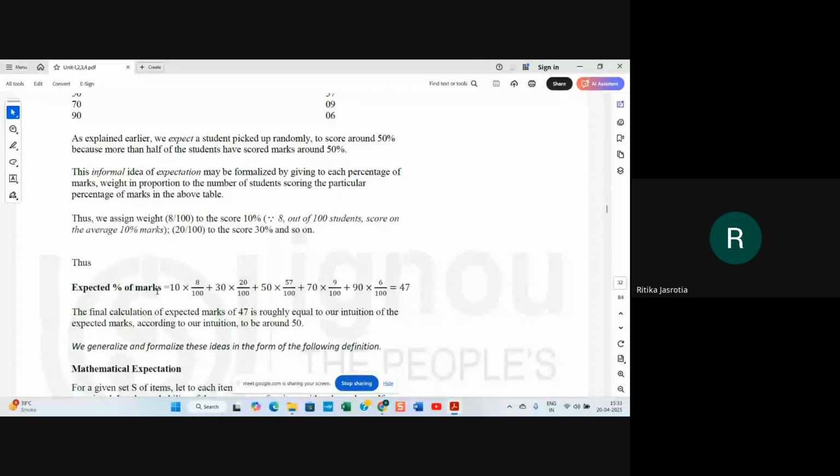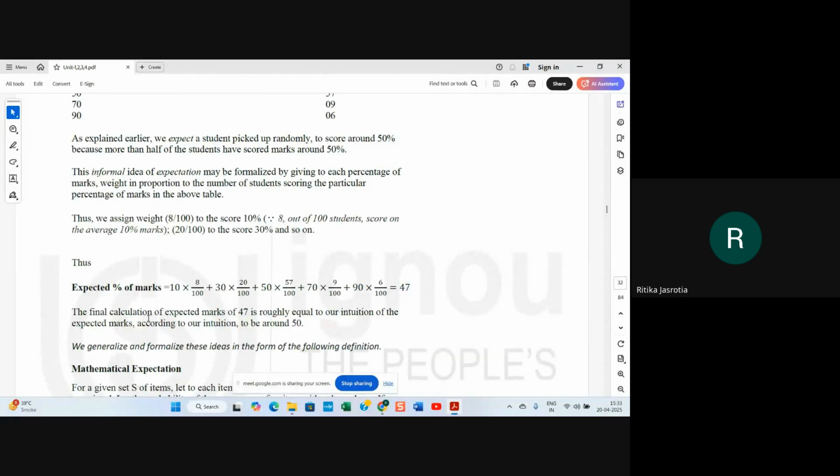So the expected percentage of marks is equal to 10 into 8 by 100, plus 30 into 20 by 100, plus 50 into 57 by 100, plus 70 into 9 by 100, plus 90 into 6 by 100, which gives us 47, right?